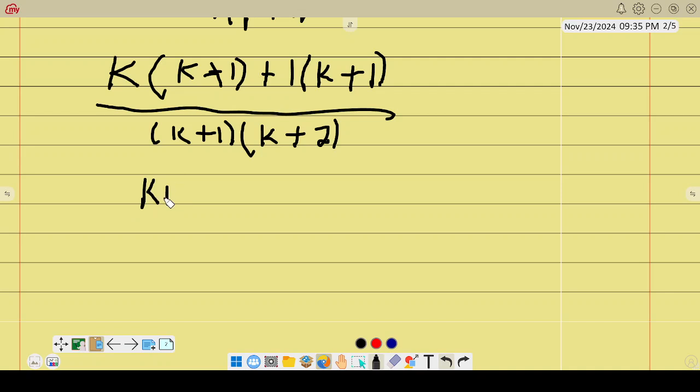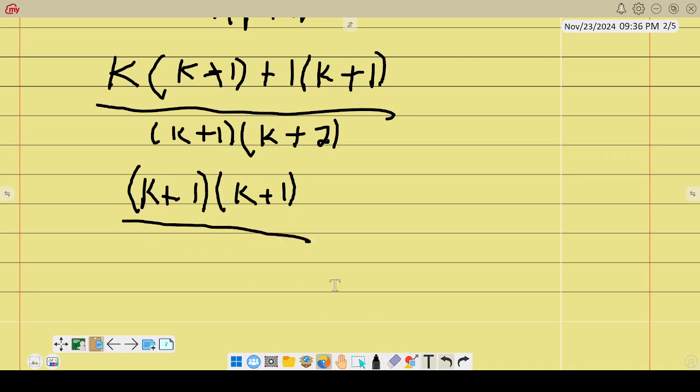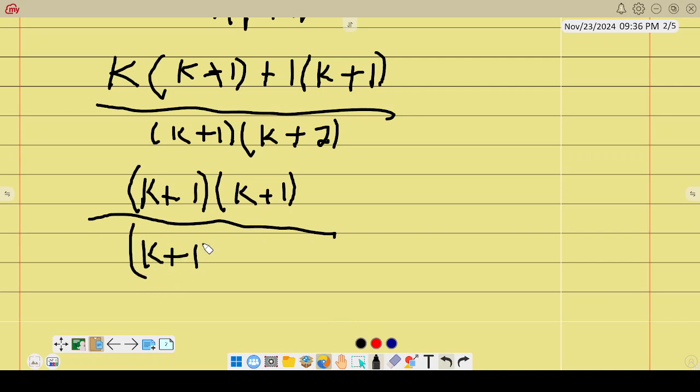So our factors are k plus 1 and k plus 1, over k plus 1, our fraction, and k plus 2.